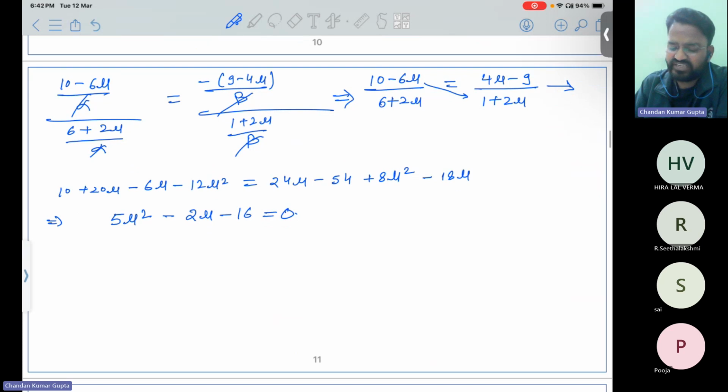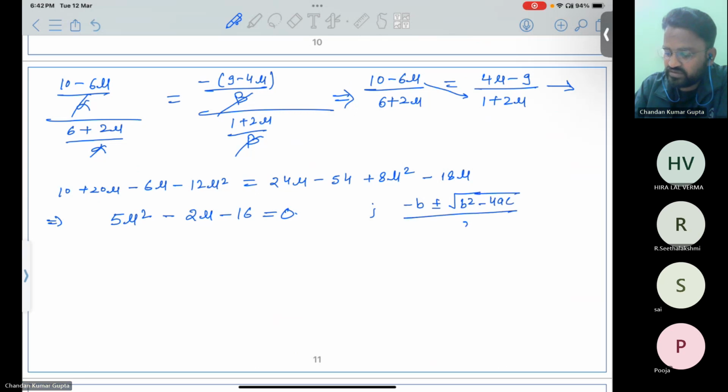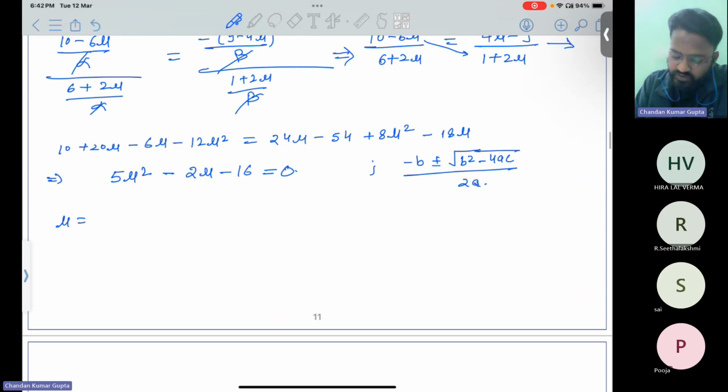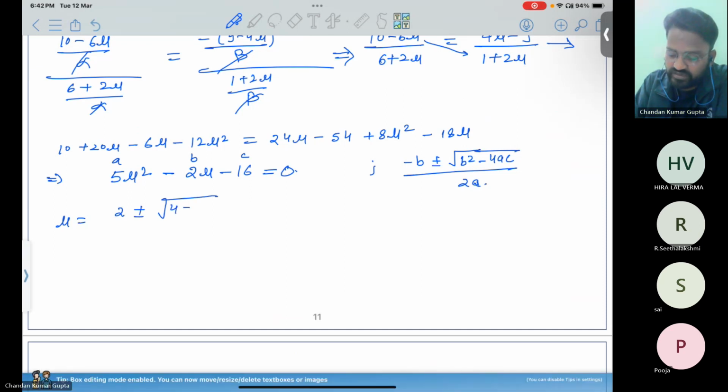Now it is a quadratic, so we can solve with the quadratic formula, which is minus b plus minus root of b square minus 4ac upon 2a. So mu equals minus b, that is 2, plus minus root of b square, which is 4, minus 4 into a into c.